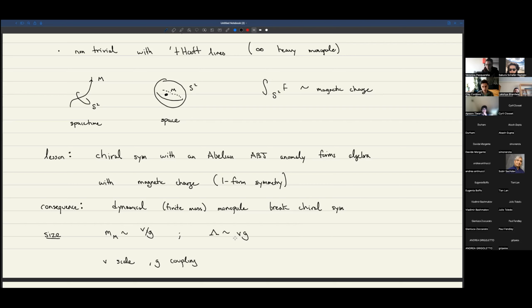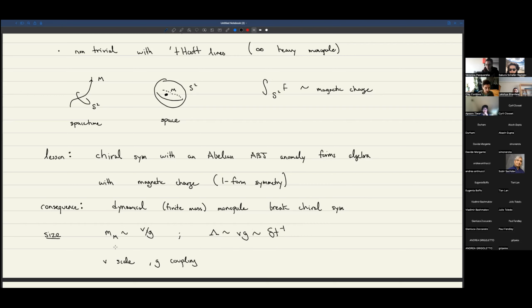So if you like, this is like the W boson mass when you Higgs some ultraviolet non-abelian theory to generate these monopoles. And we could think that this cutoff scale determines a short time scale. We'll call it delta T inverse. This is our cutoff.